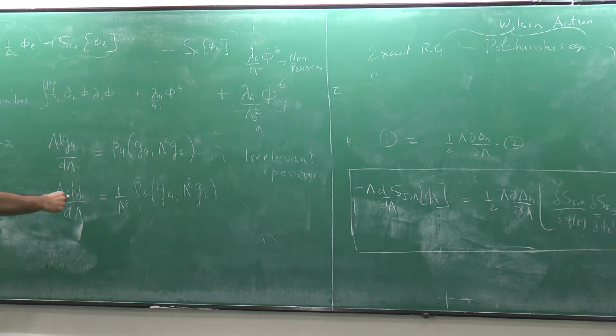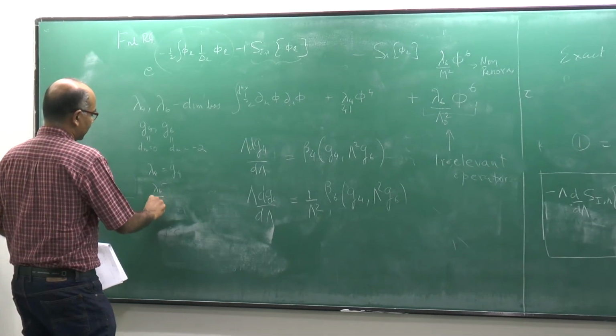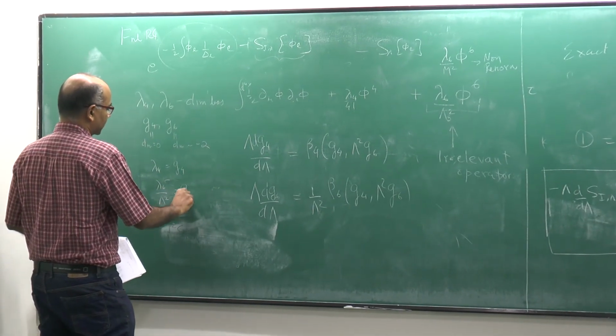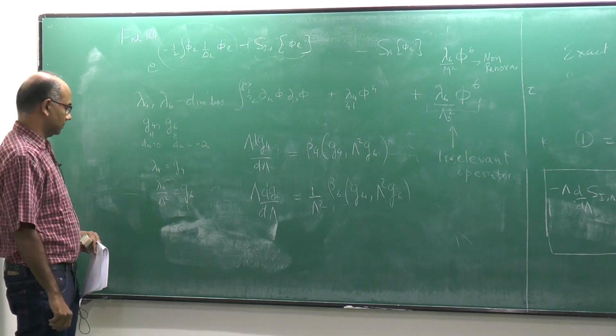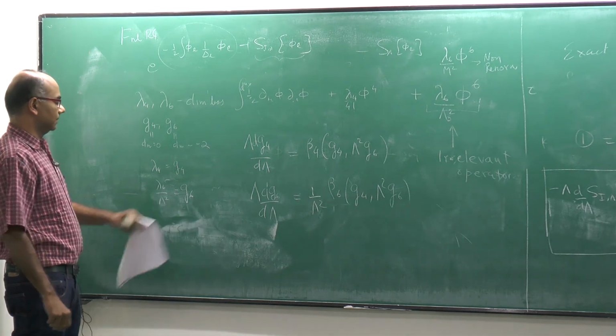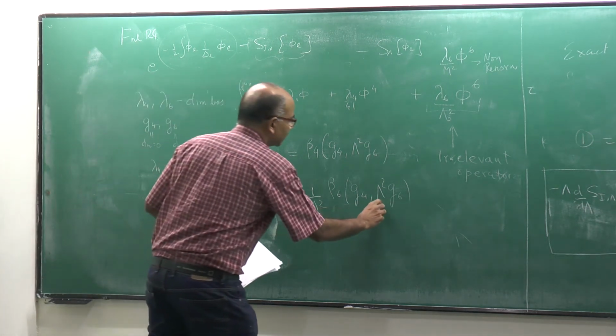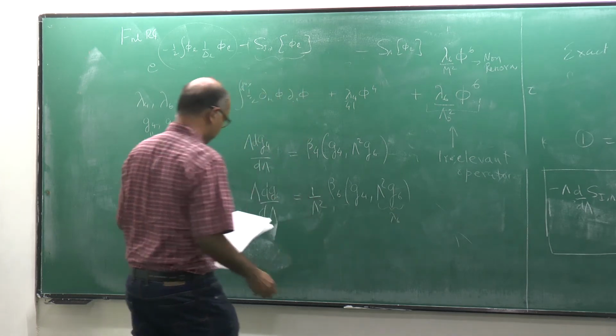So now let's write this in terms of lambda 4, which is G4, and lambda 6, where lambda squared is G6. So this is basically lambda 6.